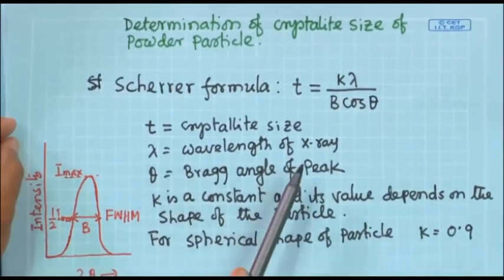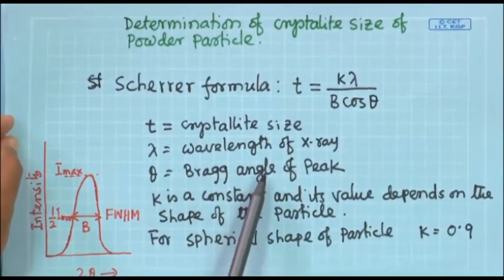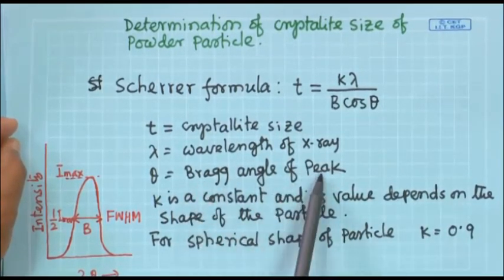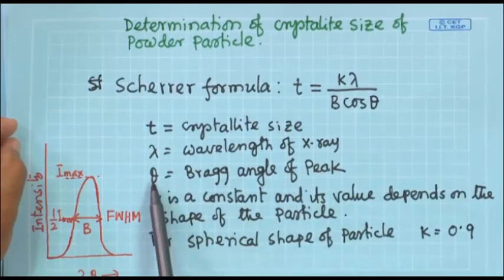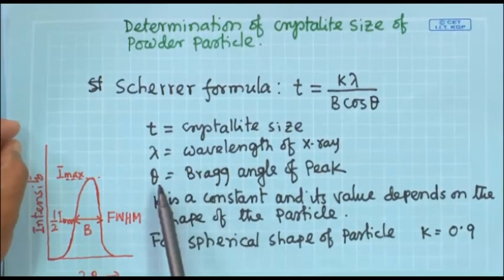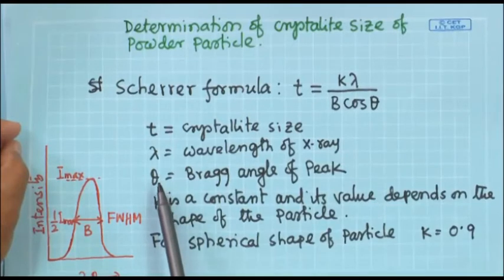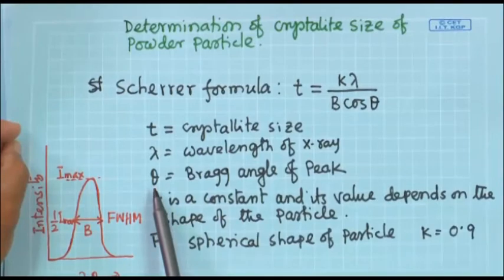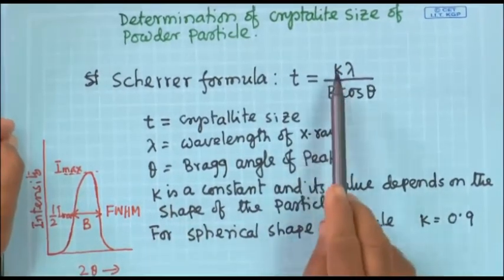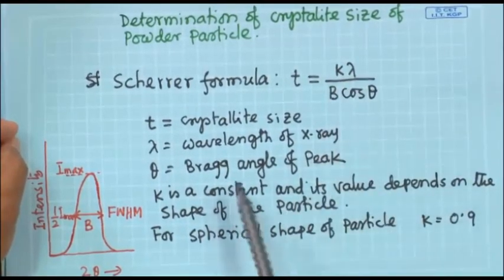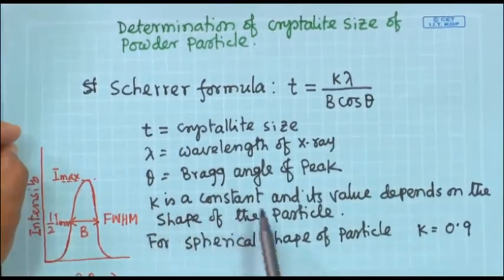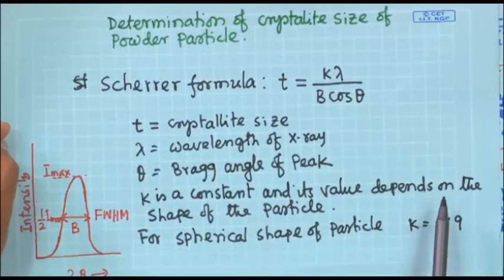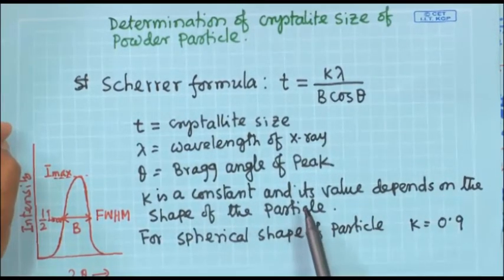Lambda is the wavelength, theta is the Bragg angle of the peak. So you take just one peak of higher intensity, and for that peak you can find out theta from the XRD pattern. And K is not the Boltzmann constant; it is a constant whose value depends on the shape of the particle.